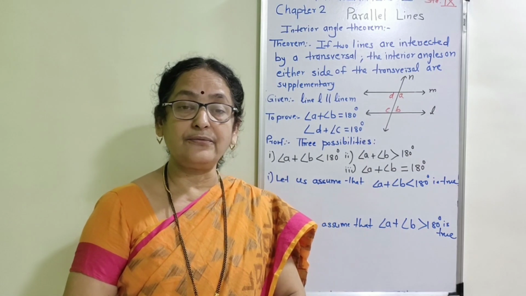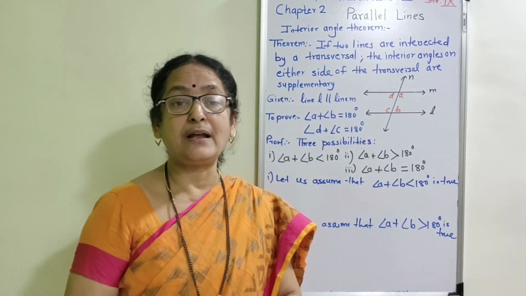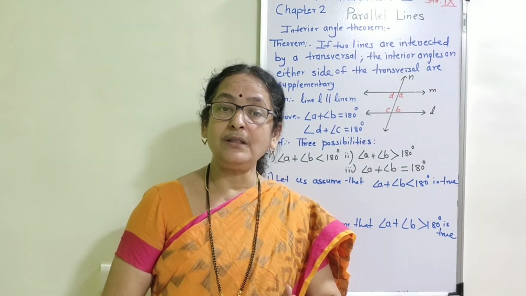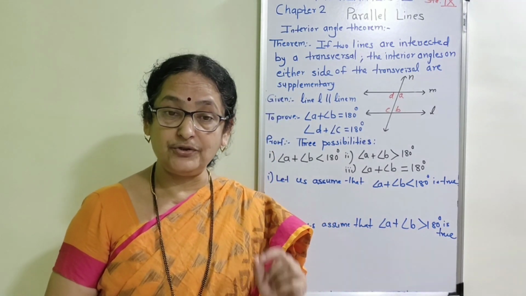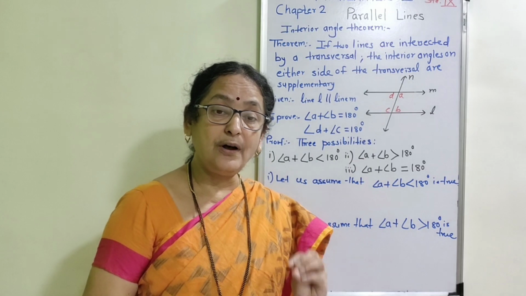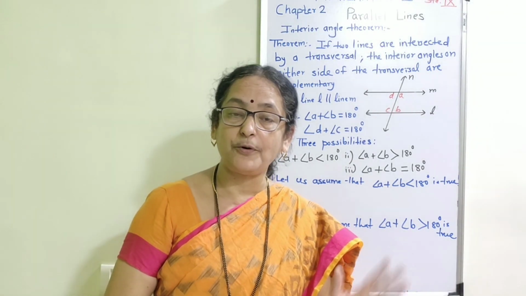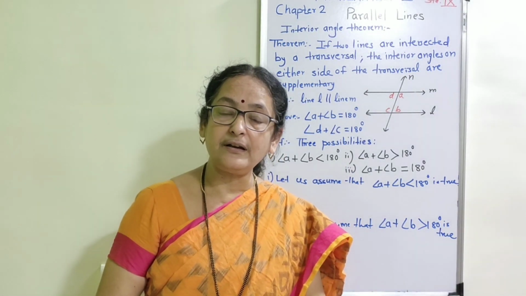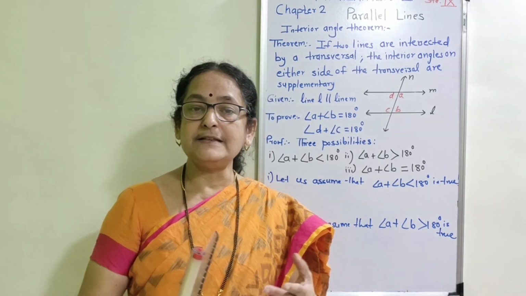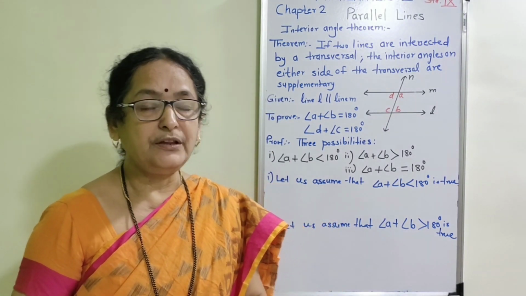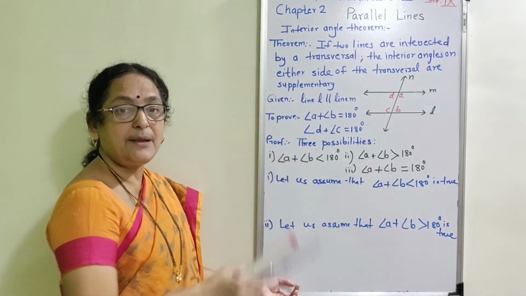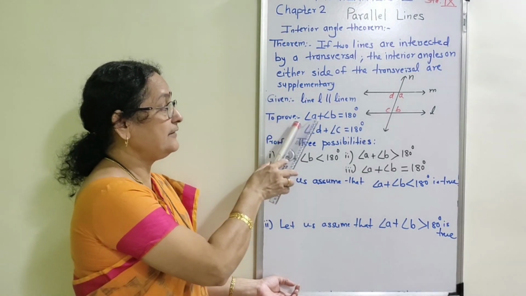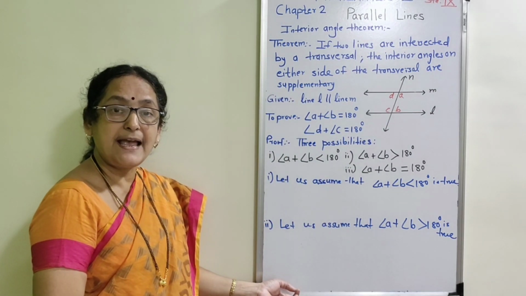What is the method of elimination? Here we are going to consider all 3 possibilities, and if we prove that the first 2 possibilities are not possible, then the third remaining possibility is ultimately true. Now here, first of all, we consider the 3 possibilities related with the sum of measures of these angles.